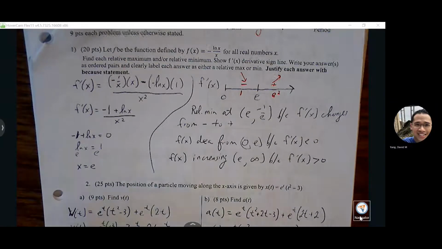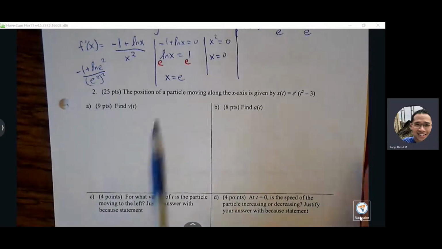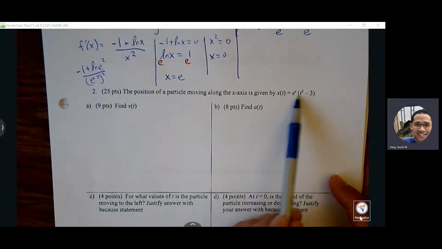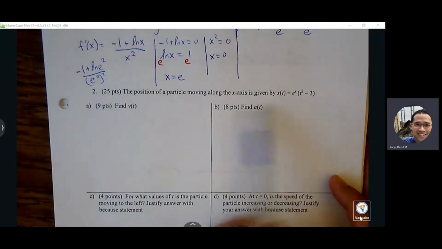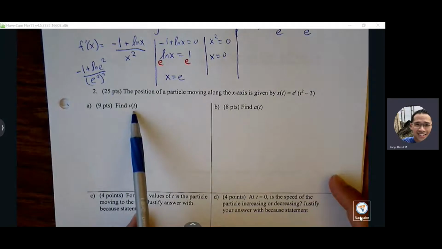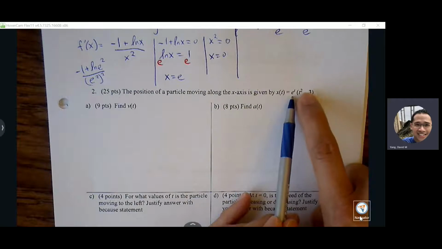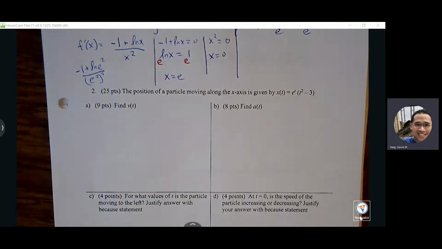Okay. Number 2. Position function. This is a particle moving along the x-axis. We have e to the t times t squared minus 3. Find the velocity. I need to find the derivative. To find the derivative, hopefully we see that there's a need for product rule, right? These are two separate terms, separated by multiplication.